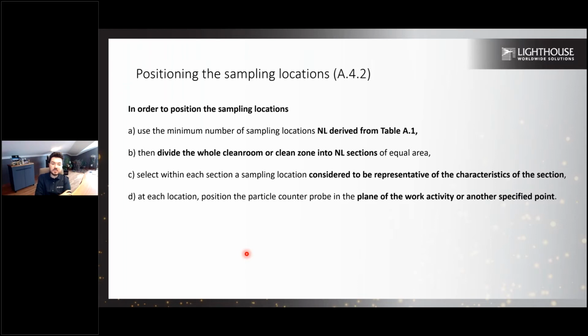Select within each section a sample location considered to be representative of the characteristics of that section. This is from the standard, but when you are reading it, please read it as a risk-based approach. Why am I saying this? Because representative of the characteristics means you should know what's going on in this clean zone.